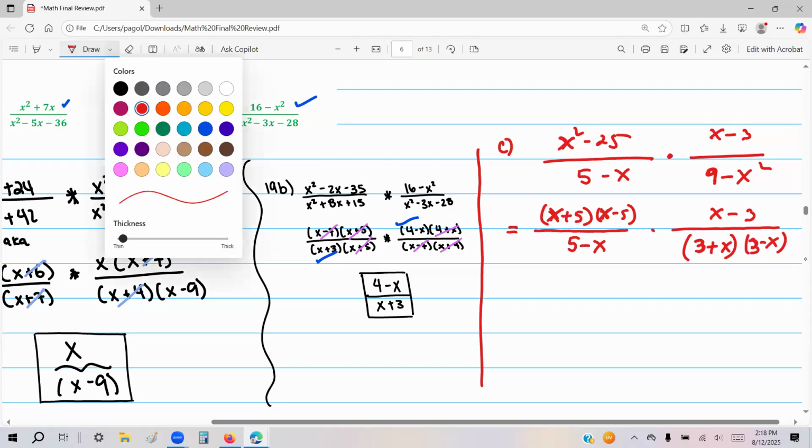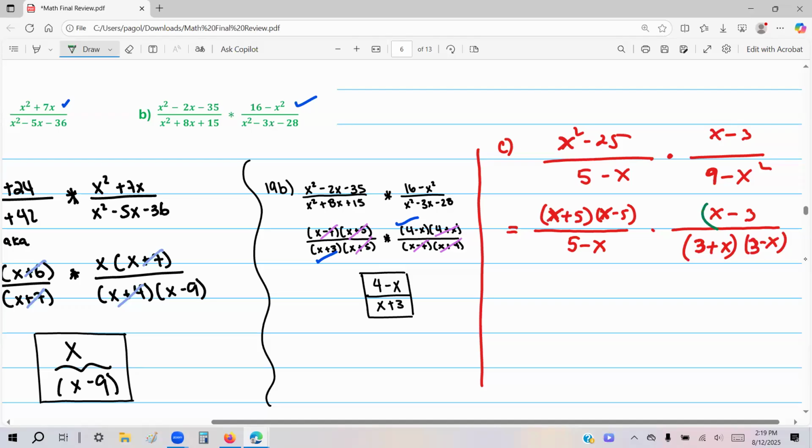And now it's time to cancel. What can you cancel? So these two are completely opposite of one another. Here our x is positive, here our x is negative. Here our 3 is negative, here our 3 is positive. So both are opposite of one another. That's why we can cancel, but we are left with a negative one, not a positive one.